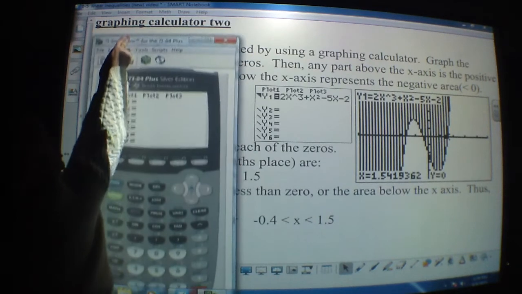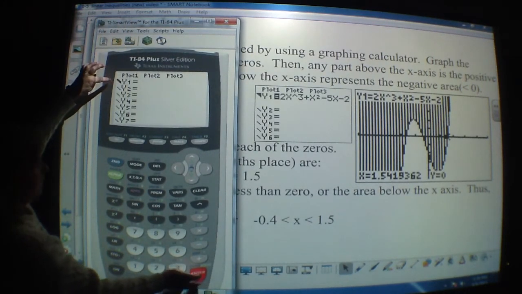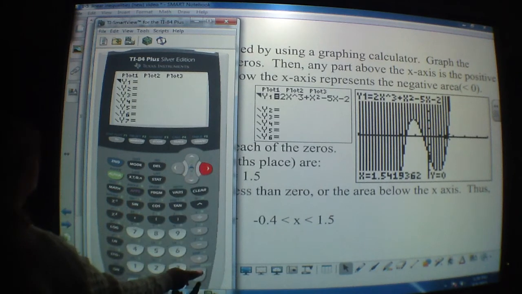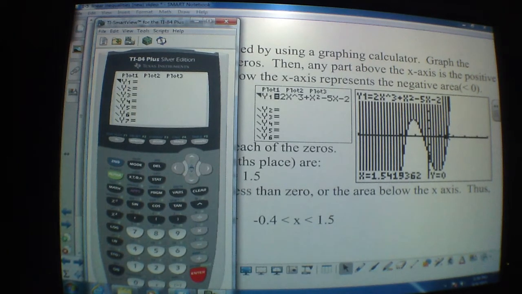So now let me just show you. Get a greater than sign there. Here's my greater than. And some of you can change it here with enter. The newer calculators, you might be able to toggle there, and you might be able to change it right in between it, not in front of it.